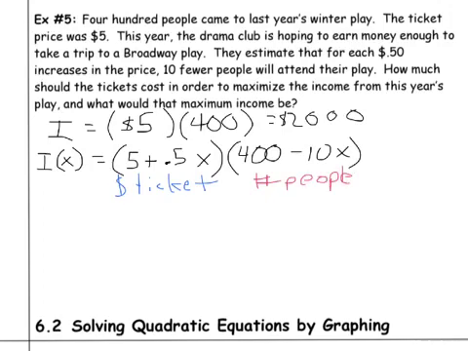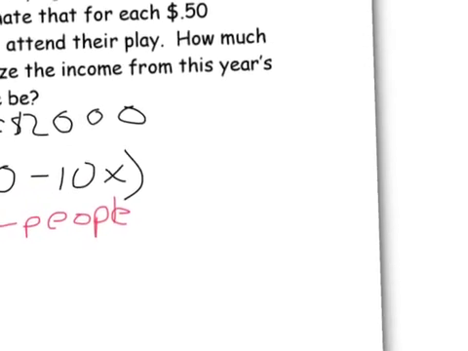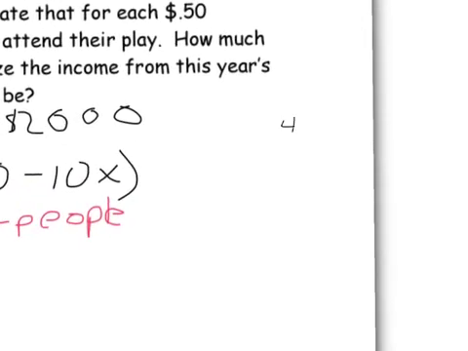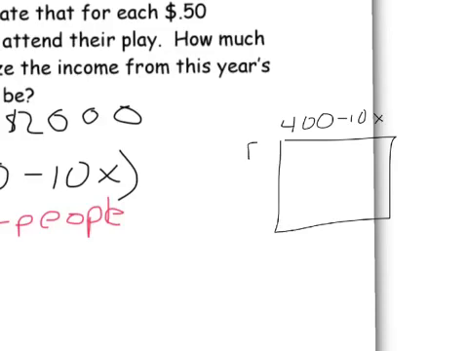And they want to know how much do the tickets cost in order to maximize the income for this year. Well, let's take a look at what happens to this function if we multiply these two things together. We can make a little box. 400 minus 10x times 5 plus basically 1/2 x. 400 times 5 is 2,000. That's our y-intercept. That's what we started with last year.